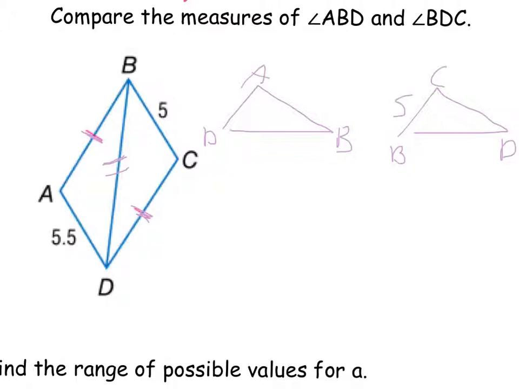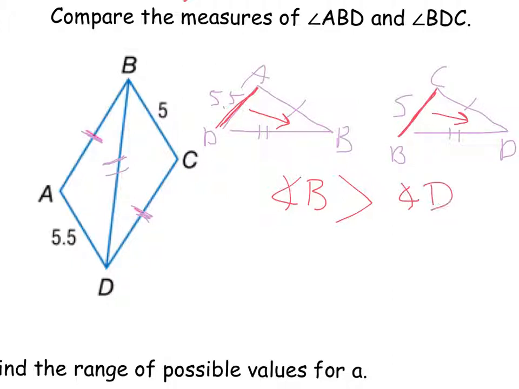BCD had 5 here. This was 5.5. We said this congruent to this, and then these two were congruent. So what this is saying is, notice that segment AD is longer than segment BC. That means angle B is going to be larger than angle D. Now we have to label this, since our picture looks like this.